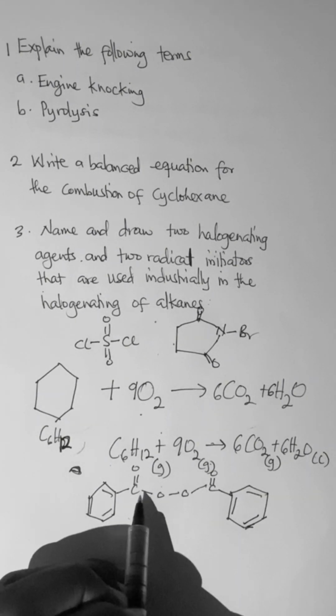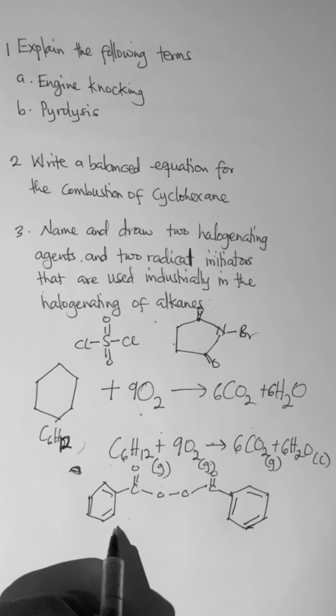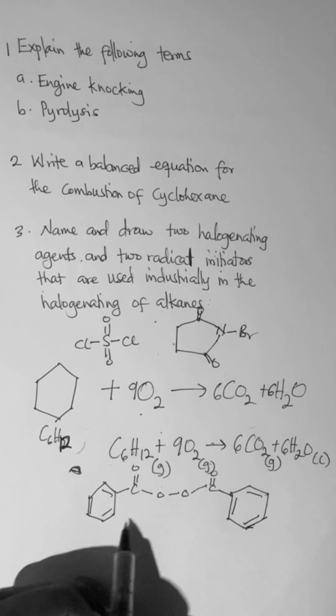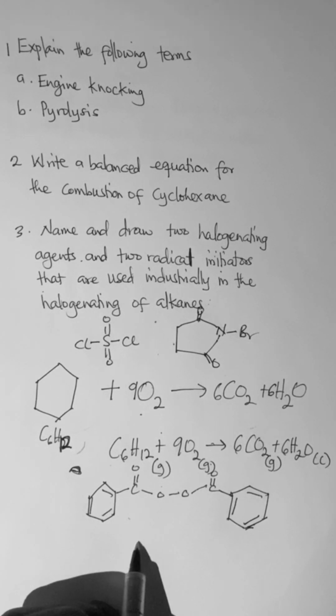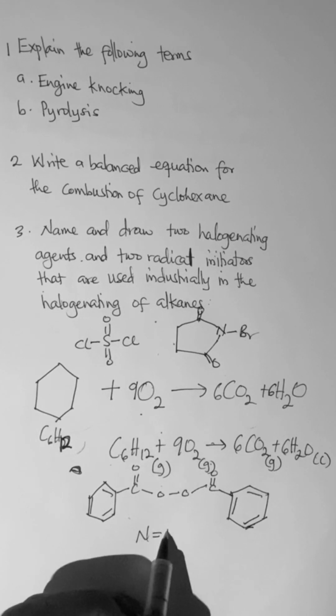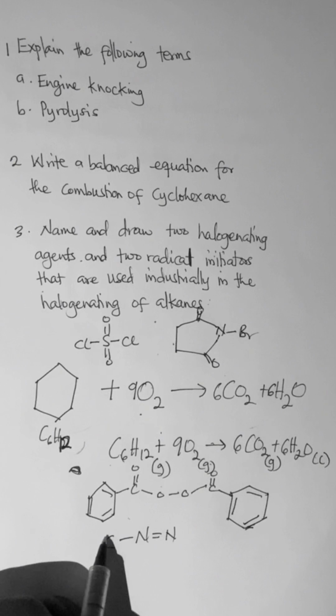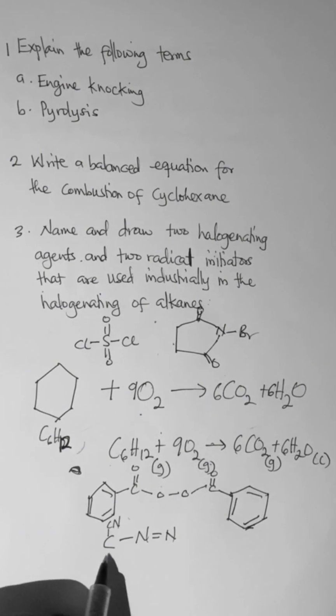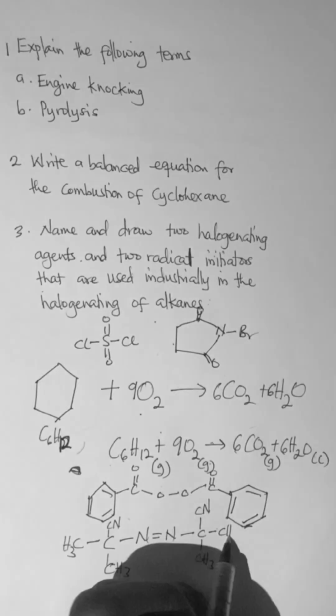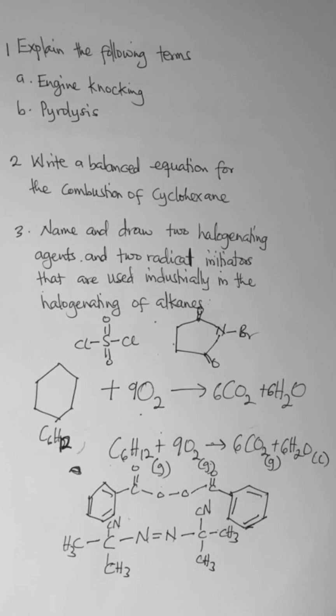And then the last one we can talk about is the N-bromosuccinimide. So the N-bromosuccinimide also looks like this. So this is the structure of the N-bromosuccinimide.